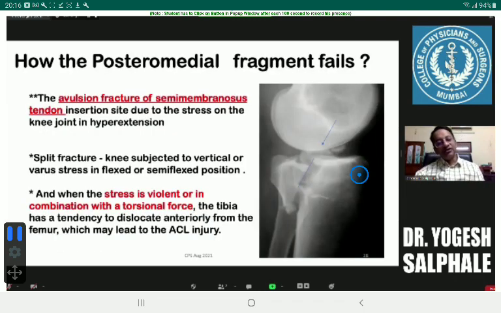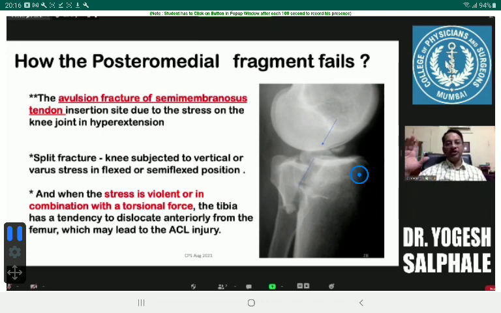So, as I said, the posteromedial fragment, why it is important and how it fails. Now, if you see this posteromedial fragment here, this is the avulsion fracture of the semimembranosus tendon insertion site due to stress on the knee joint in hyperextension. Suddenly your knee is hyperextended, so it causes an avulsion fracture of the semimembranosus tendon. So there is a split fracture.